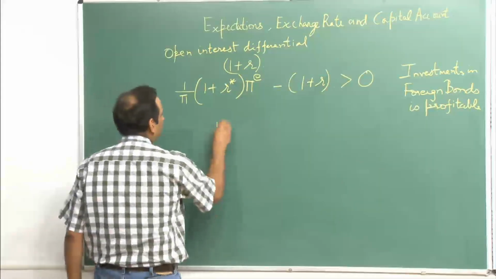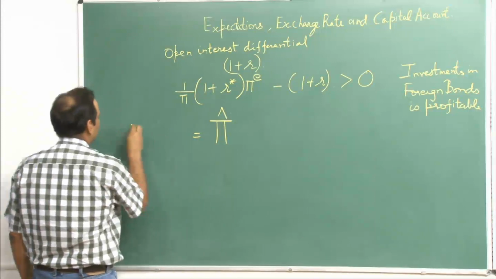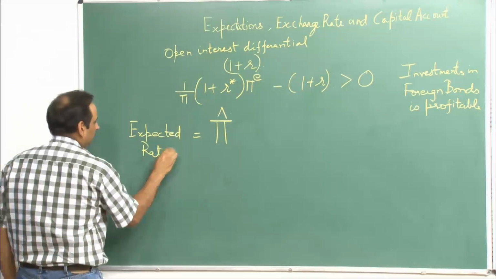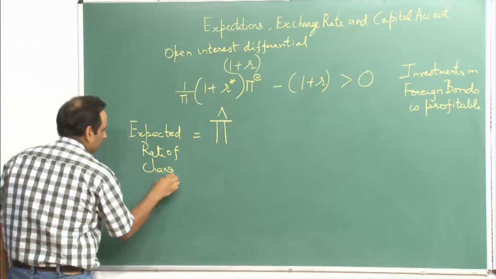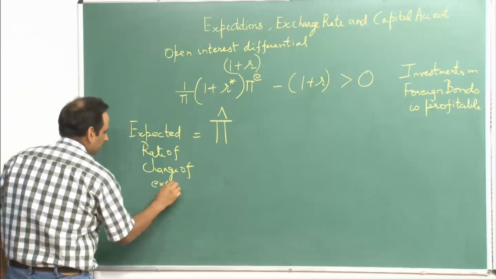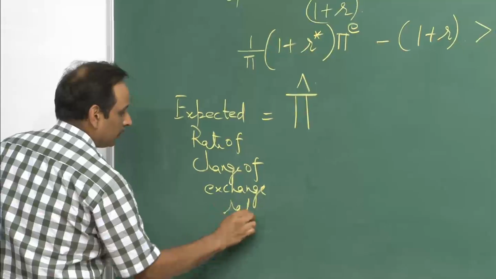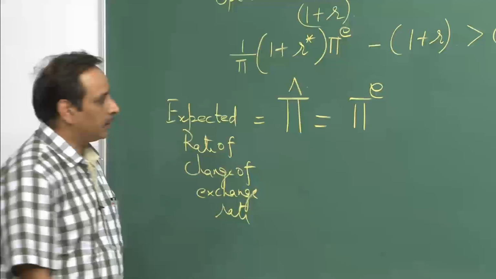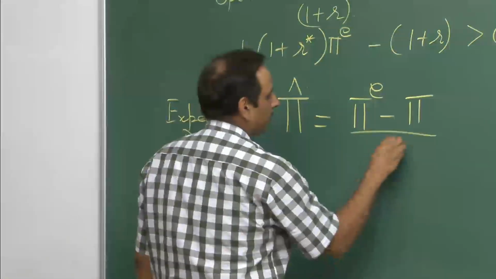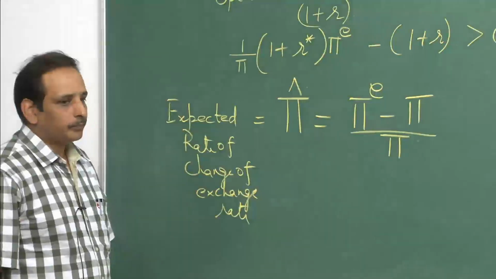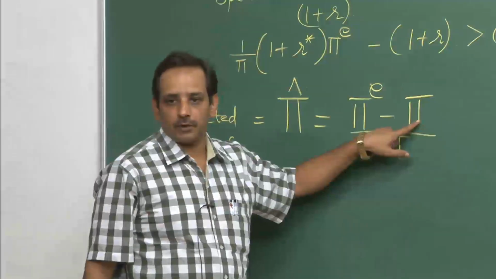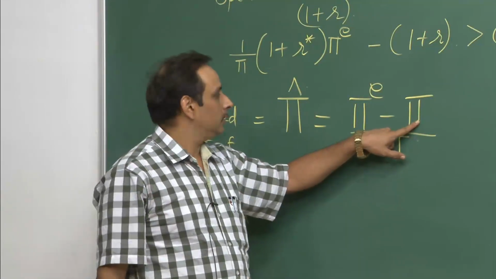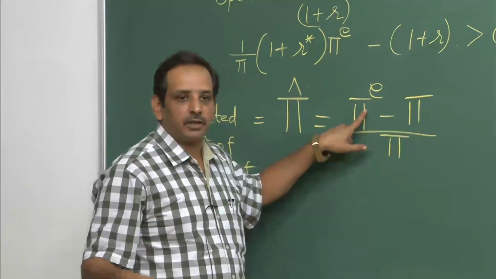Then you define pi hat, which is the expected rate of change of exchange rate, equal to pi e minus pi by pi. Pi, you know, is the unit of domestic currency for a unit of the foreign currency. Pi expected is the expected exchange rate after a year's time.